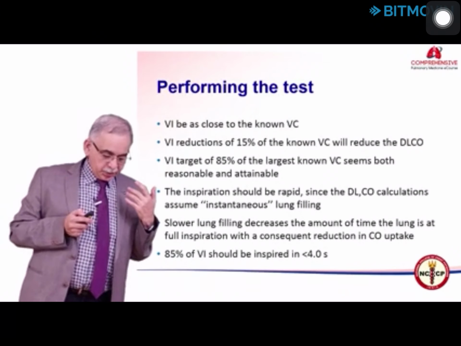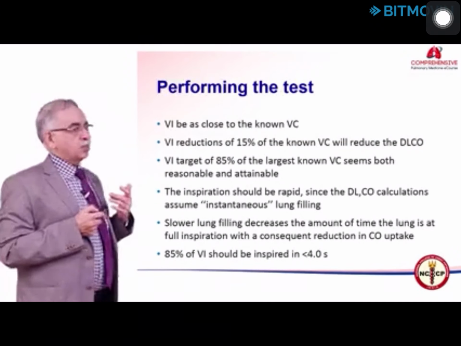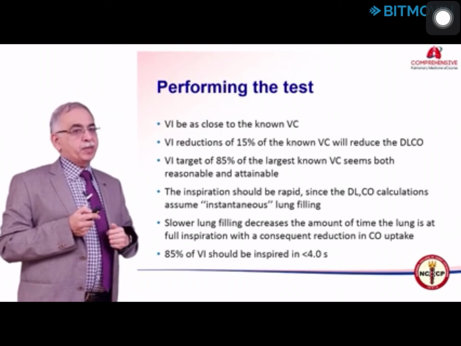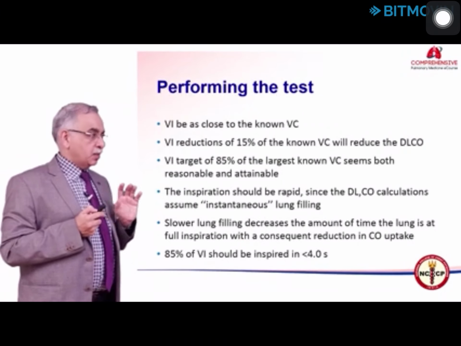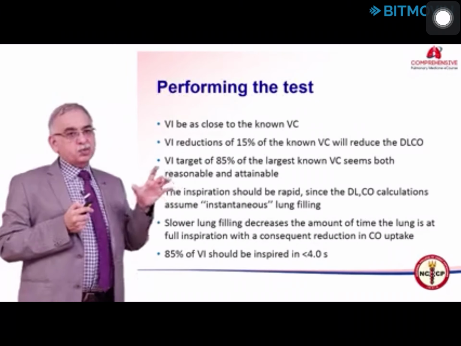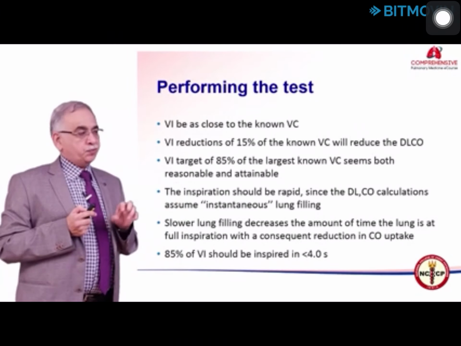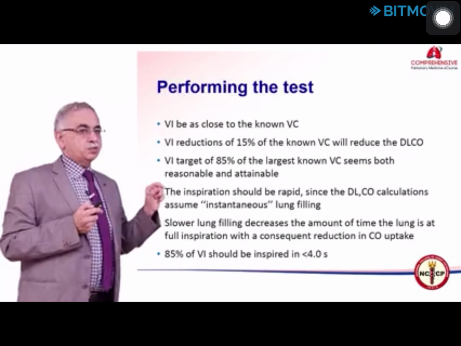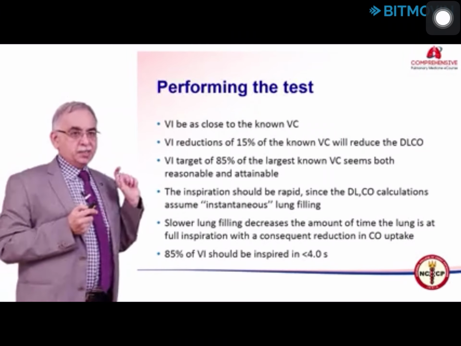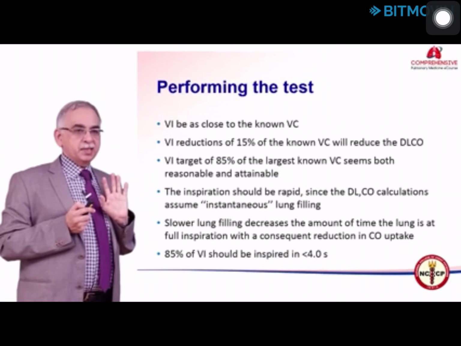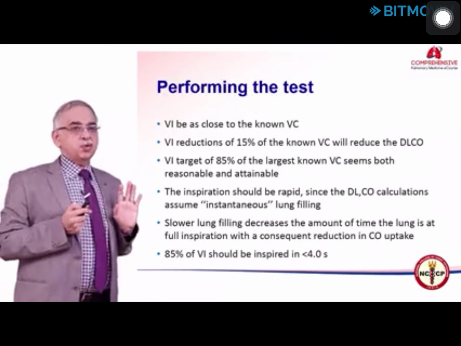So, this inhaled volume is known as VI, the inspired volume, and this is also mentioned in the report. Normally, this will be close to vital capacity. So, if the inhaled volume is widely different from the vital capacity, it means the patient has taken a suboptimal inspiration, and the test is not valid.